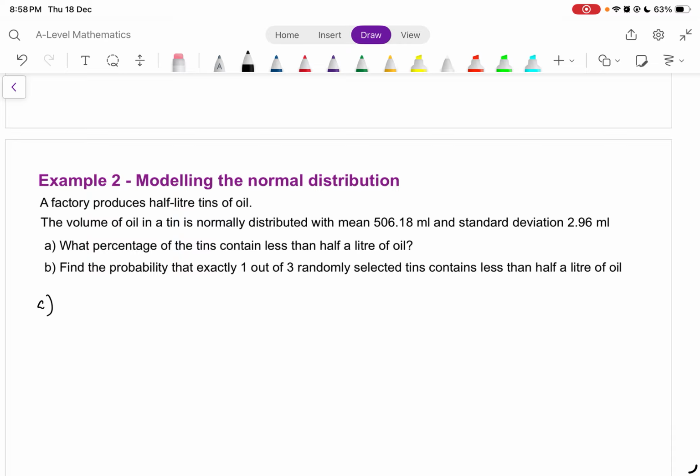So question A 就是讲着先找出我们的那个 normal distribution, because they are asking for at least a half, 对不对？也就讲说我们的 x value for N(506.18, 2.96 的 square), 然后我们的 probability 是 x lower than 500.